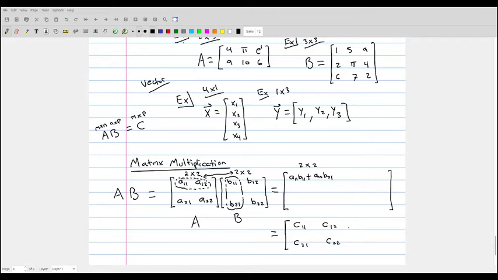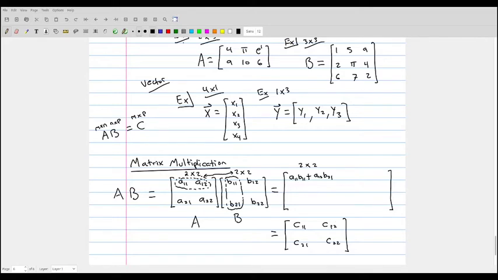Now there is a definitive meaning behind why this multiplication works the way that it does, and it comes directly from certain explanations in linear algebra that are a little bit too advanced for this class. But essentially there's a meaning behind this definition of matrix multiplication. And we'll see an application shortly when we apply this to solving linear systems.